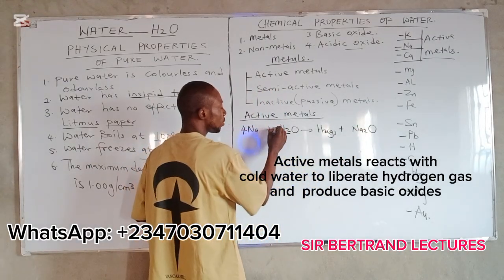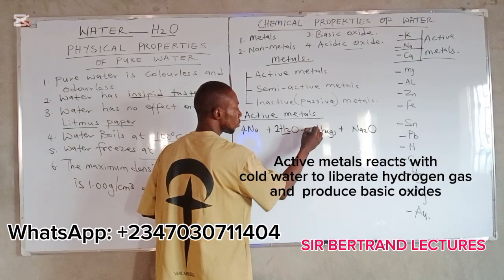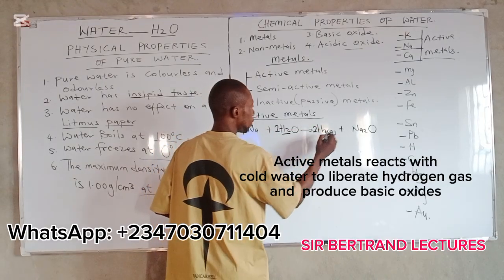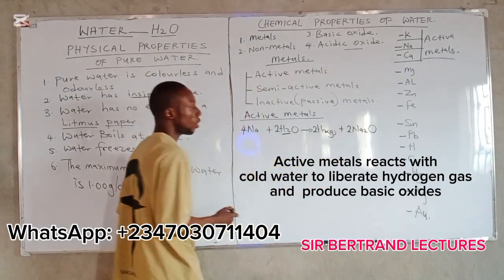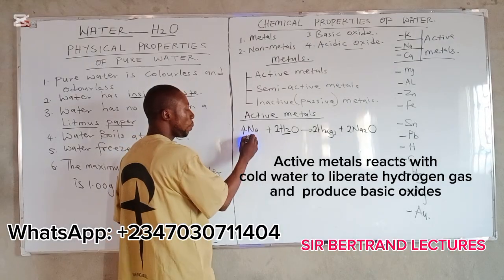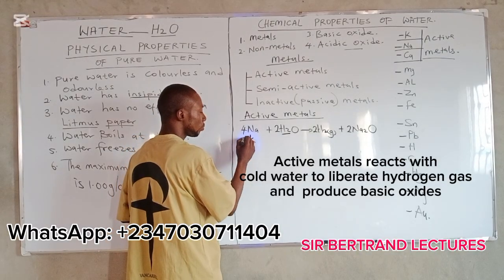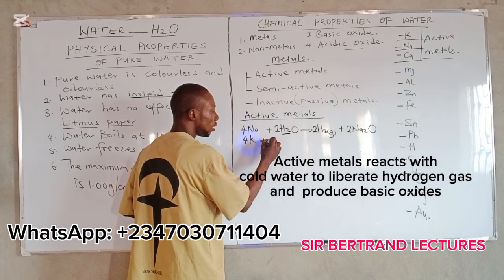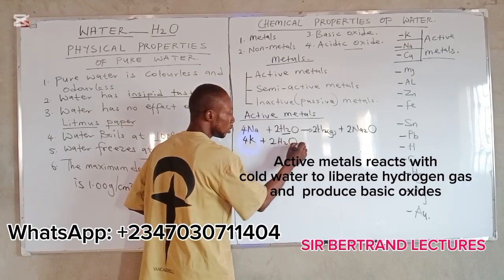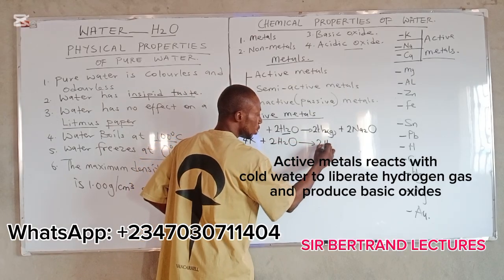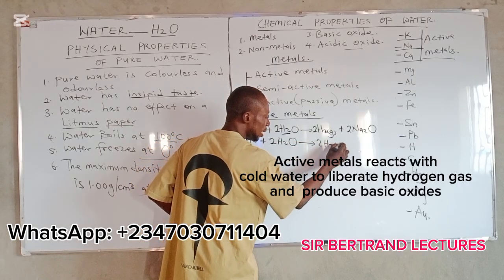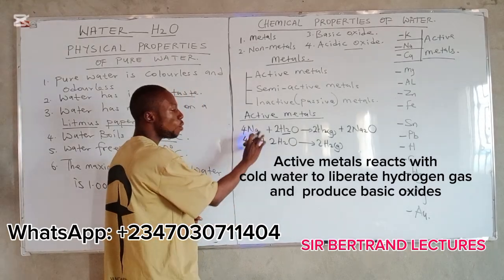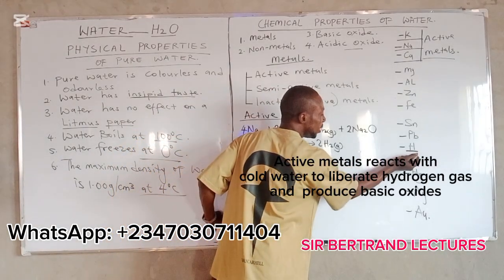When this reacts, it's going to give us something like this. Then when potassium reacts with water, hydrogen gas is liberated because they are more reactive than hydrogen in the reactivity series.